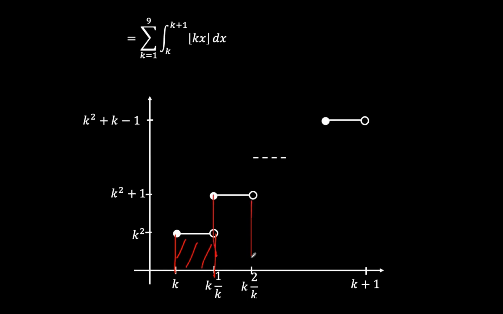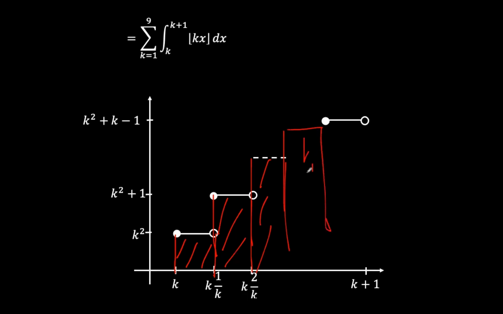And then we have this other rectangle, with the height k squared plus 1, but the width still remains 1 over k, and so on, right? And then keep doing that until we have this last rectangle where we have k squared plus k minus 1 times 1 over k. So this is how you're going to represent it.